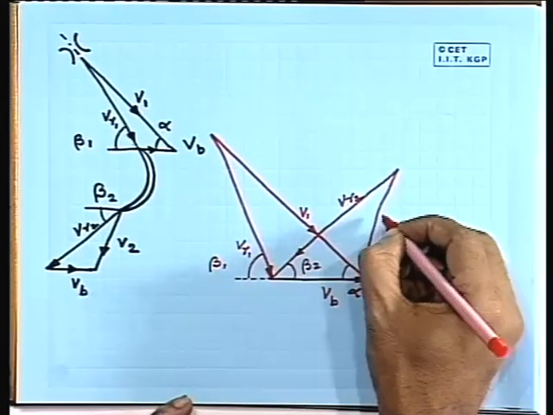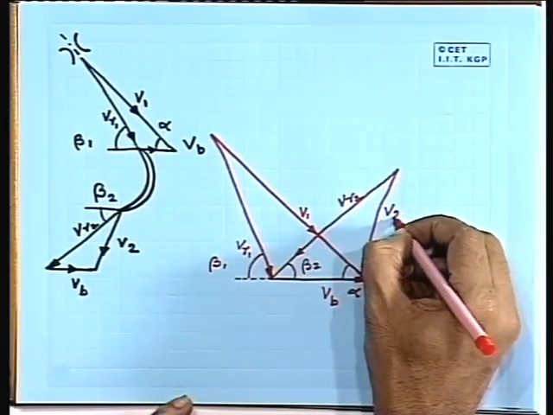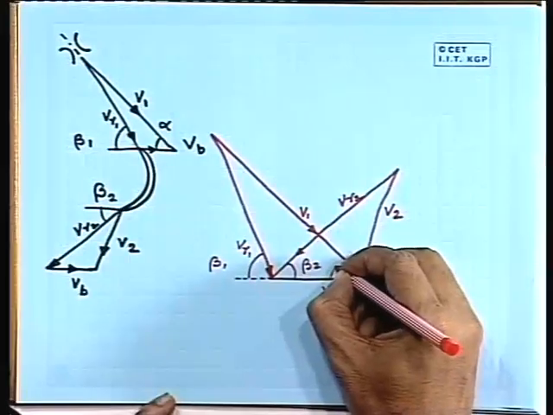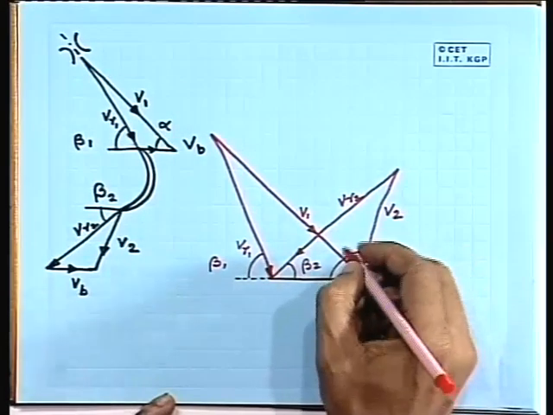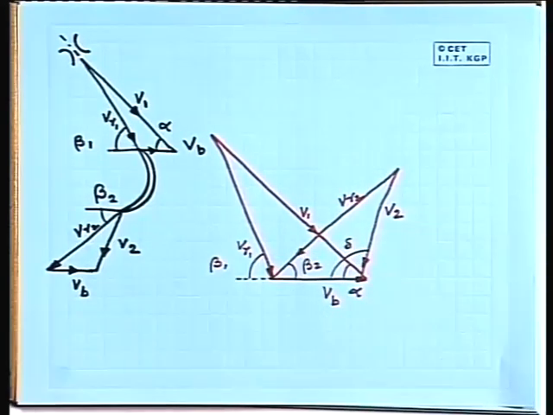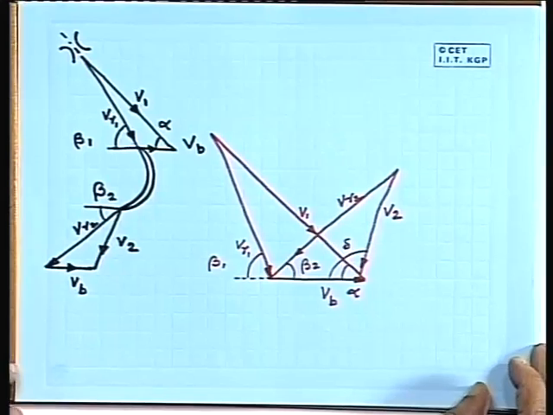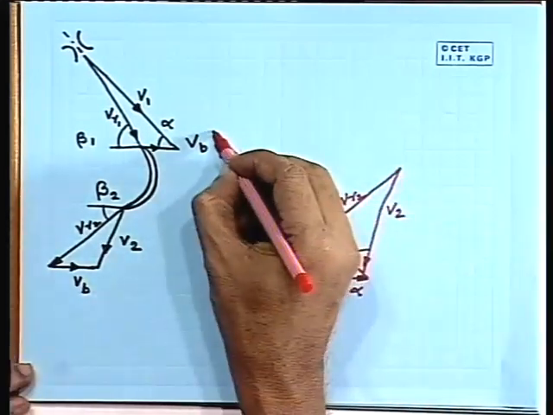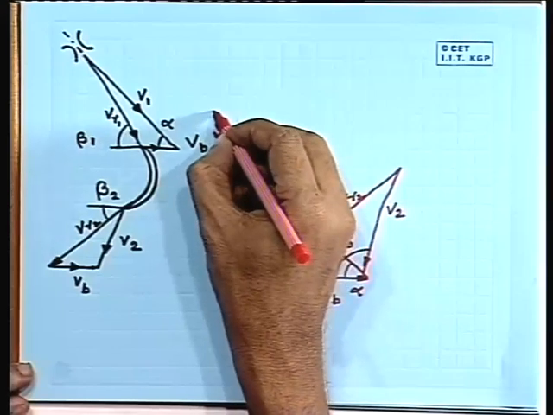This is Vb and this is V2, absolute velocity at exit. Another angle has to be defined. So, let us say this angle and let us give a name delta. Now we can define a few more things. Let us do that.